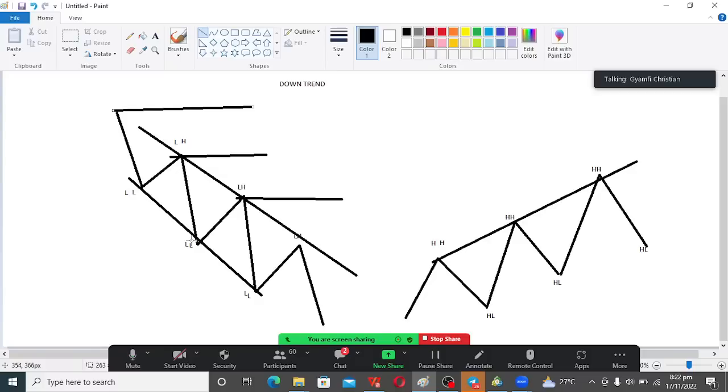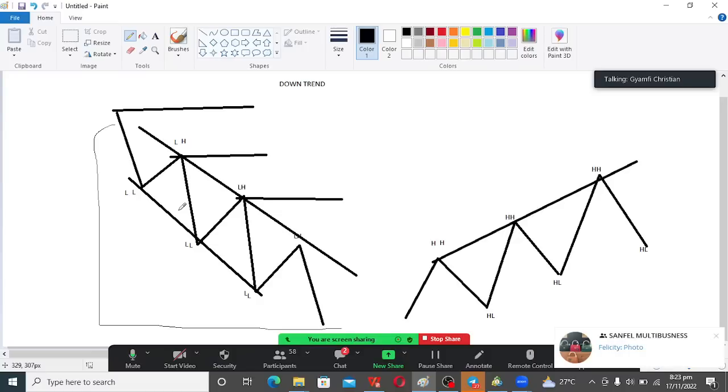But in the bigger picture, the market is moving all the way from this area down here. You see, the market is falling from this particular place to this place. So from this level down to this level, it means that the market is moving downwards. And anytime you see this, you should know that the market is in a downtrend.